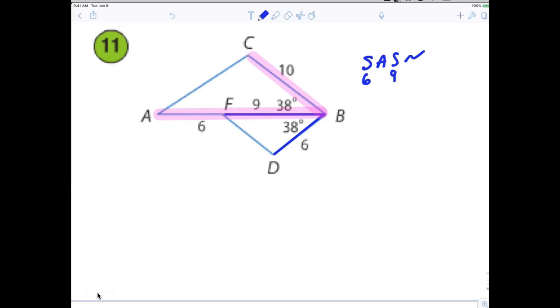Now, the small side on the other would be 10, and the large side would be 15. Do you see how that reduces now to 3/5 and 3/5? All right. So now we have proven that those triangles are not congruent, but they're similar by side angle side similarity.